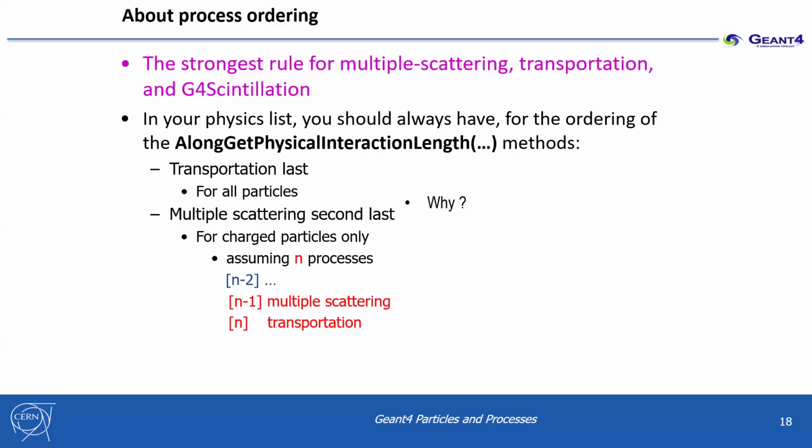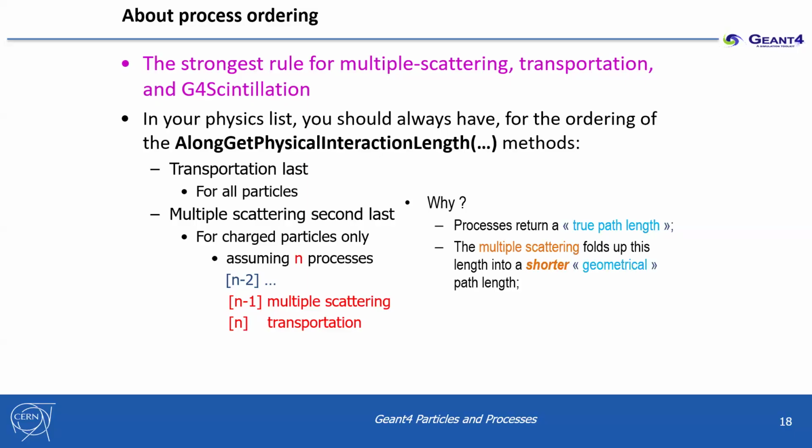Why do we need to do this? Processes return step lengths, and multiple scattering takes into account that the real length, due to multiple scattering, is larger than the distance between two points, because the trajectory, due to several elastic scatterings, is not a straight line.